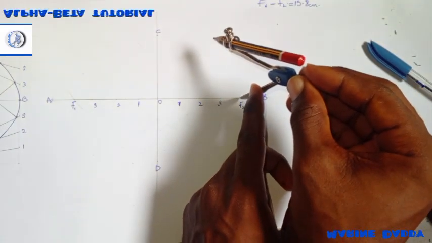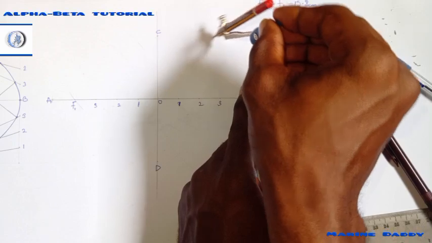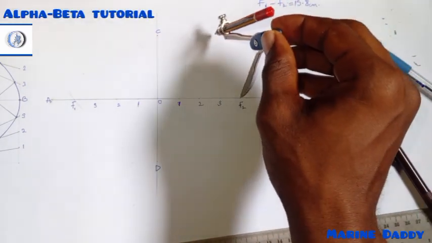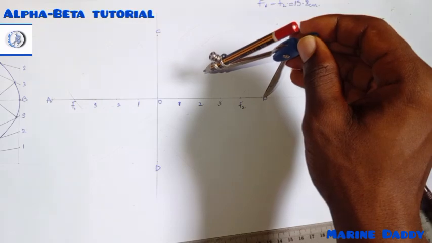Come over to this side, F2. Strike at the top, strike at F2.